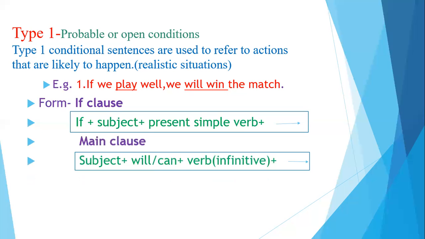Let's look at the structure of the main clause. It starts with the subject once again, and then will or can or an infinitive. So I hope you can remember the structure of type 1, which talks about realistic situations.